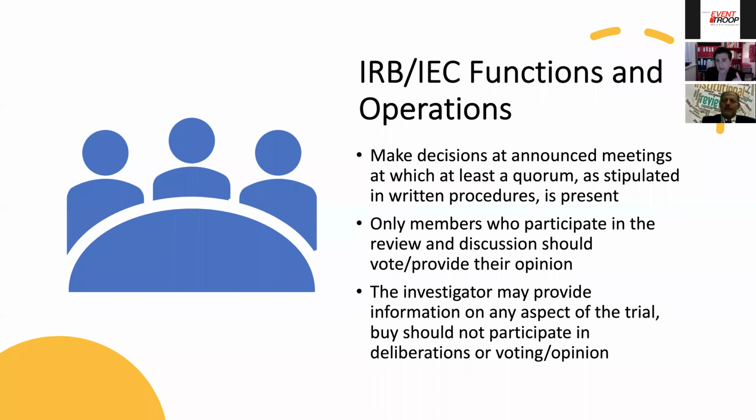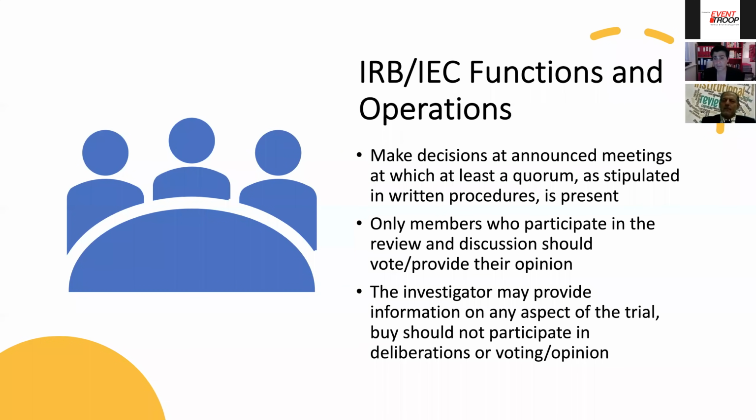So what this is actually saying is that every IRB, however you are functioning, must have written procedures. And we call these written procedures standard operating procedures, or SOPs. So in your SOP, you will say our quorum is, for example, 70% of the total number of IRB members. That's just an example for you.